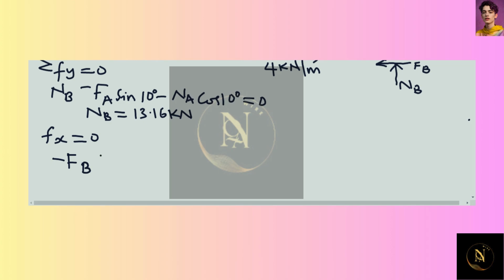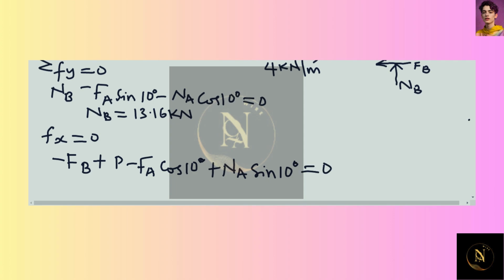Minus Fb plus P minus Fa cos 10 degrees plus Na sine 10 degrees, equal to 0.